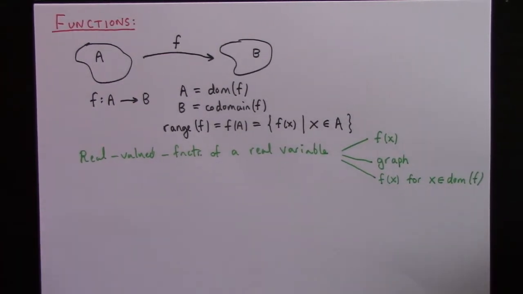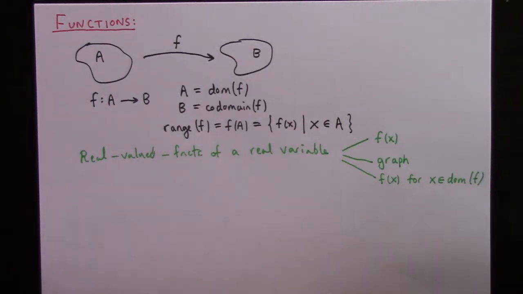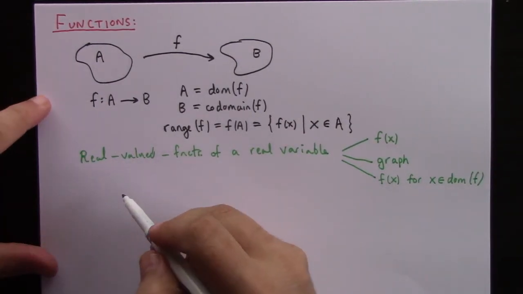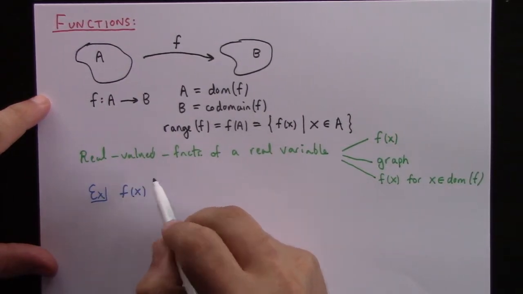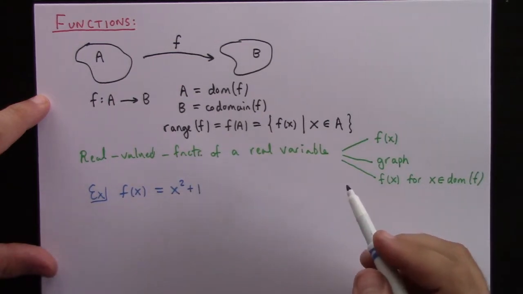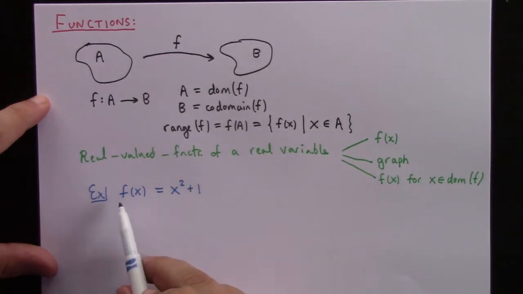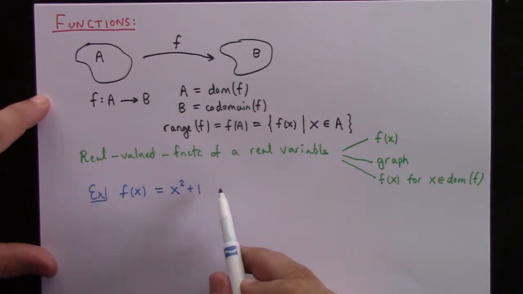So, for example, if we have f of x equal to, say, x squared plus 1, then what's the domain? Well, if we just say that, then the domain is all x for which this makes sense. When does x squared plus 1 make sense?